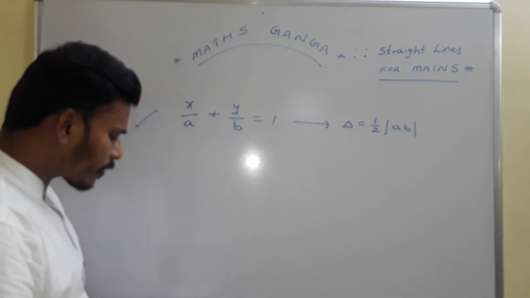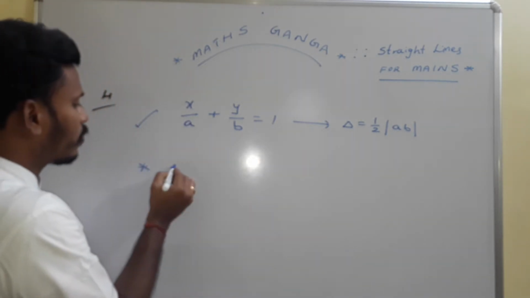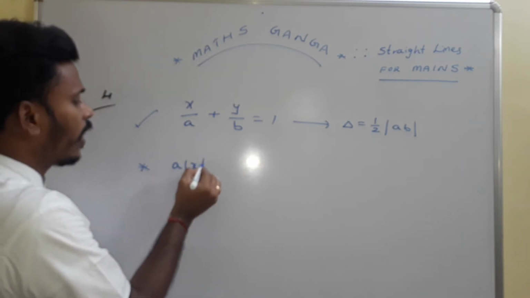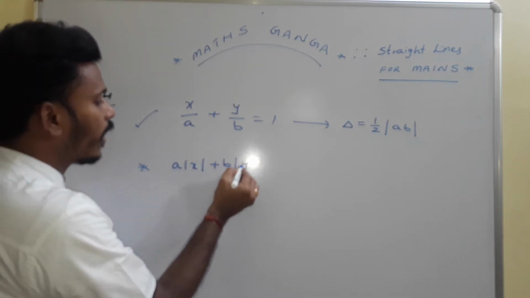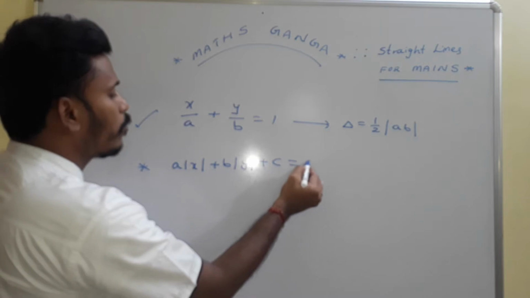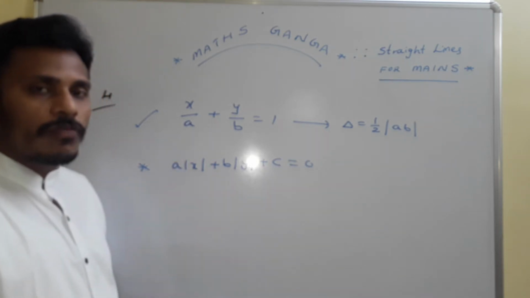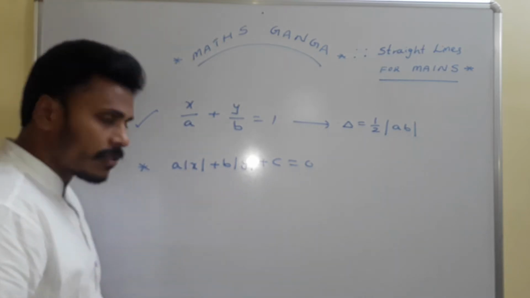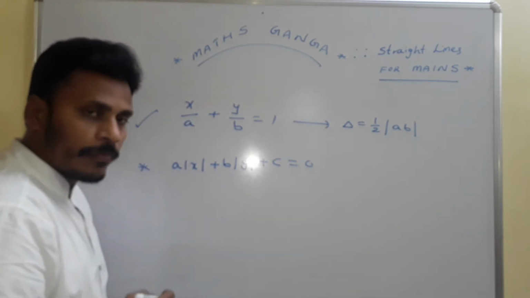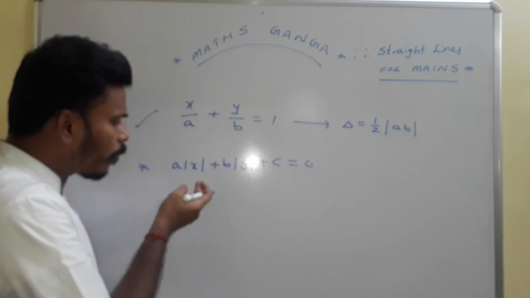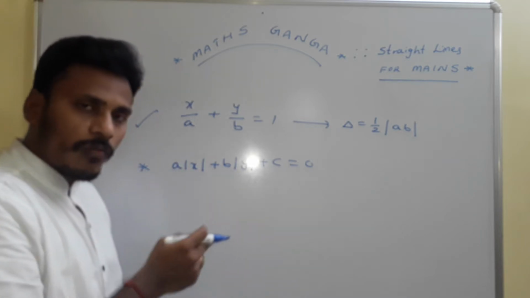And we have different types of problems. Suppose they may ask you to find the area of the figure formed by the lines a mod x plus b mod y plus c equals to 0. See, to find the area of the figure formed by this equation, see, this is mod x and this is mod y. So x may be positive or negative, y may be positive or negative.